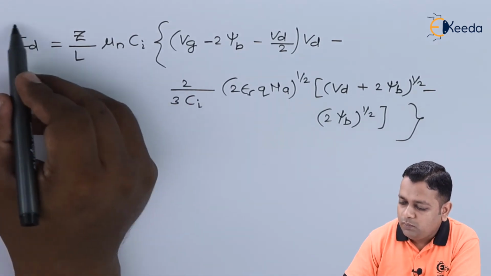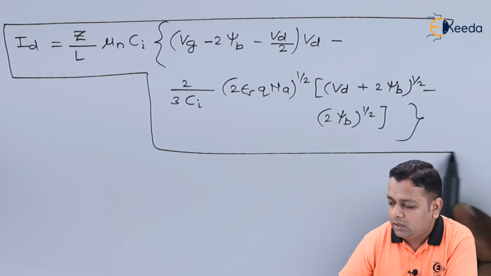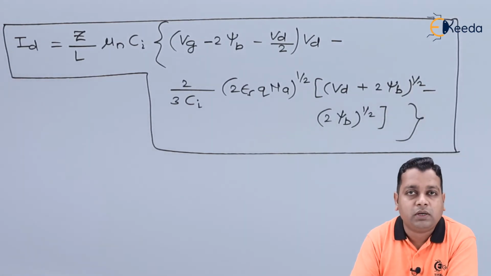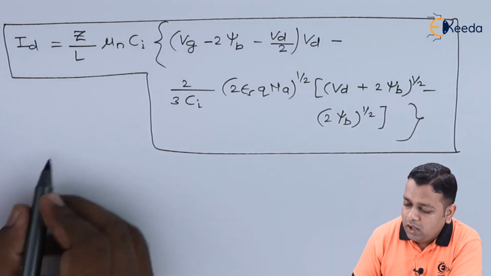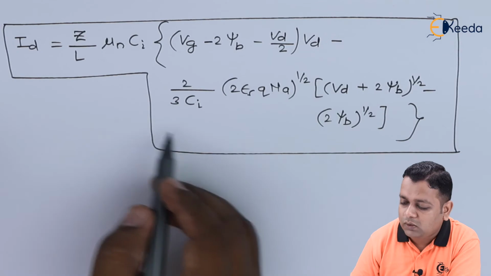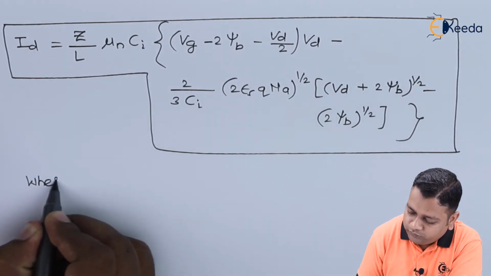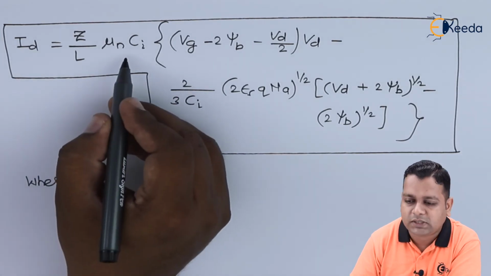So this is a very important expression to obtain the drain current corresponding to the metal oxide semiconductor field effect transistor. Now here we have the various parameters involved in the calculation of ID. Here we express them one by one. The very first one is mu suffix n.